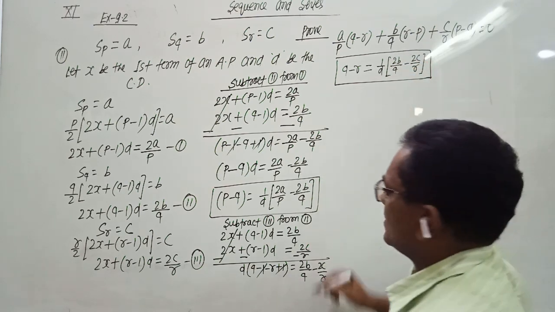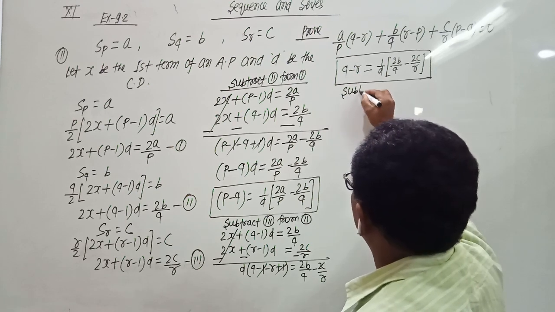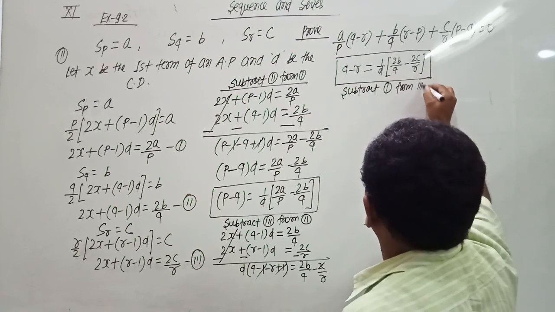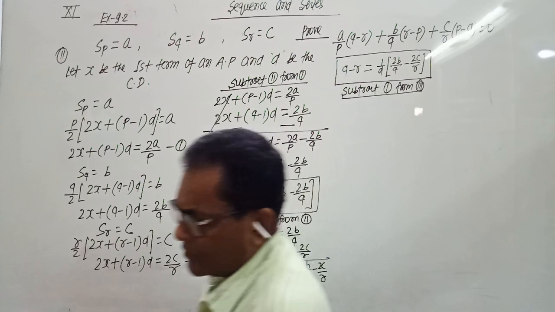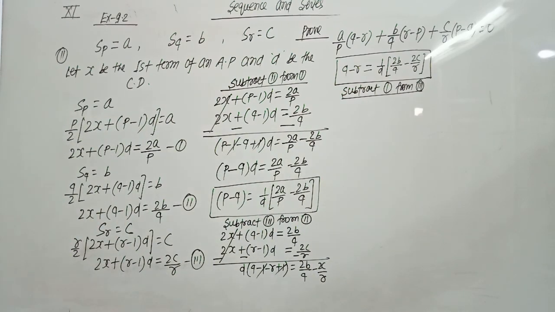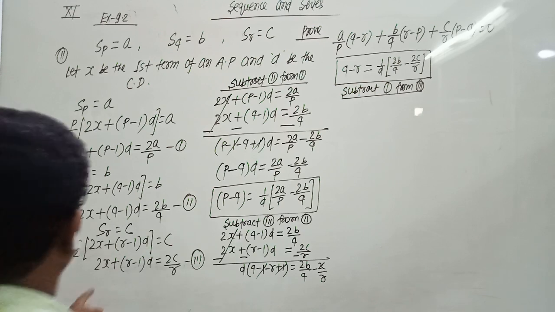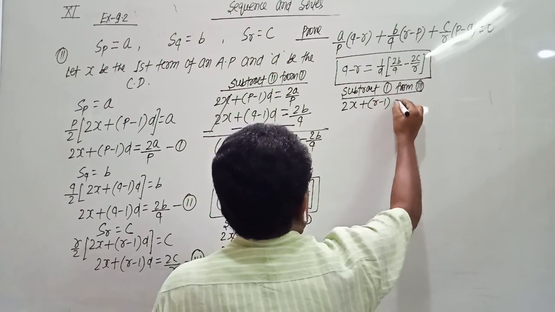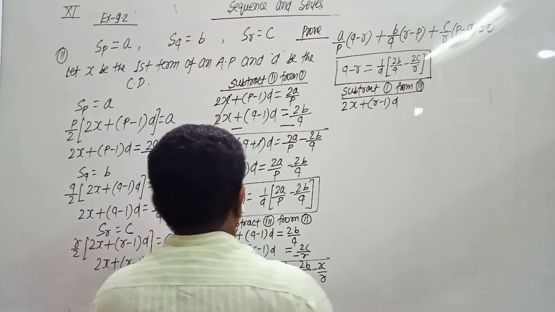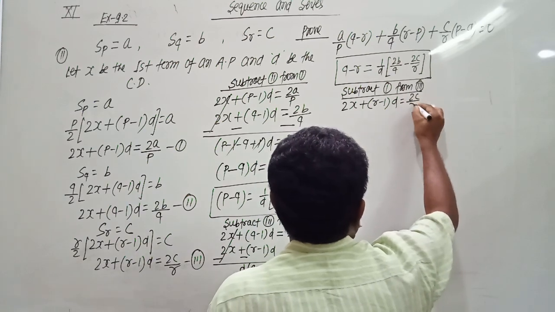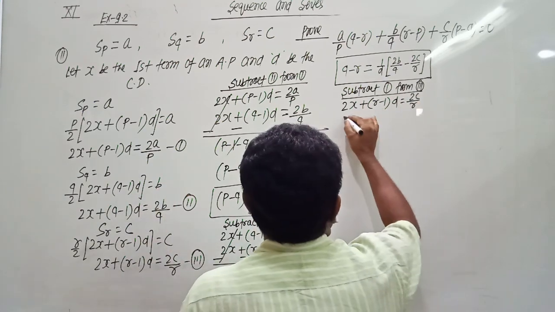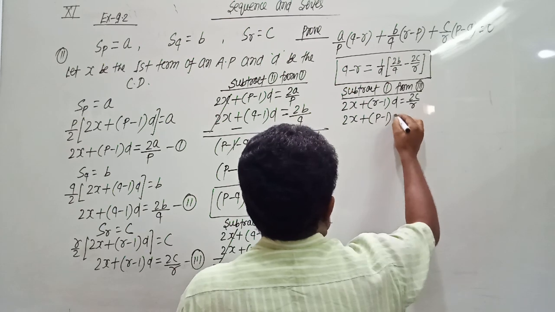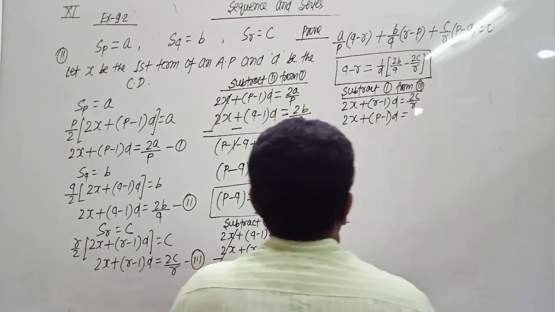So subtract the first from the third. The third equation is 2x + (r - 1)d = 2C/r, and the first equation is 2x + (p - 1)d = 2A/p.